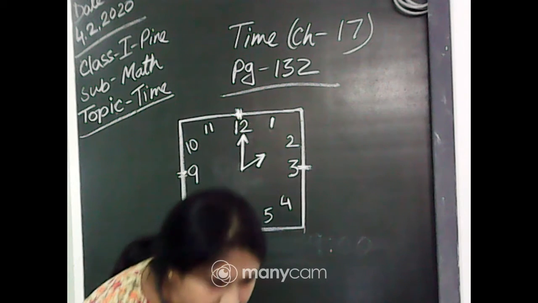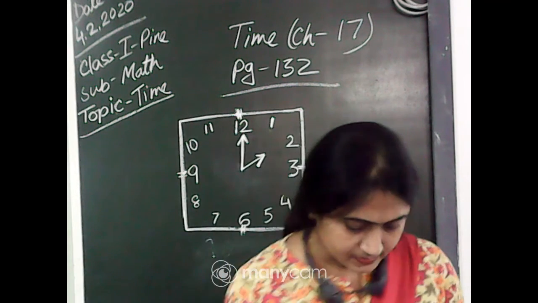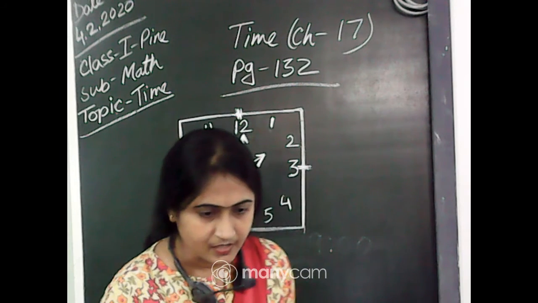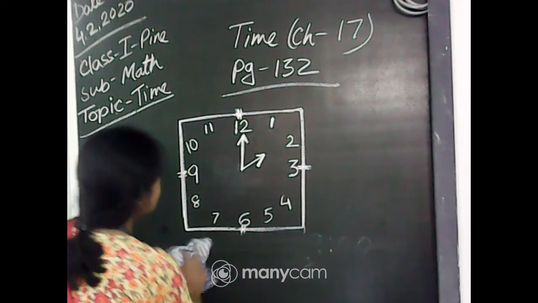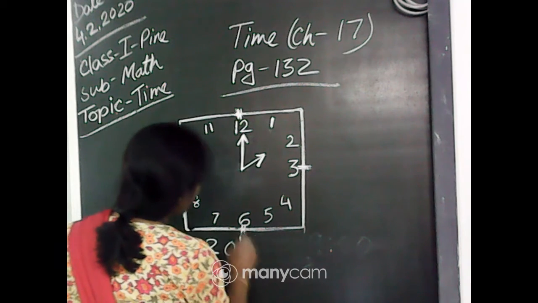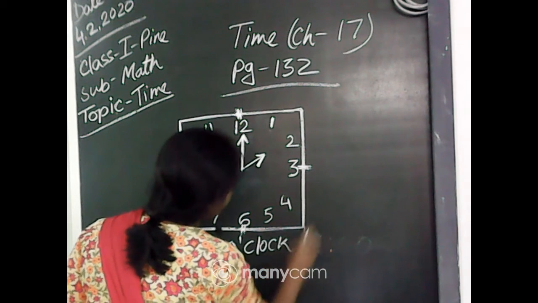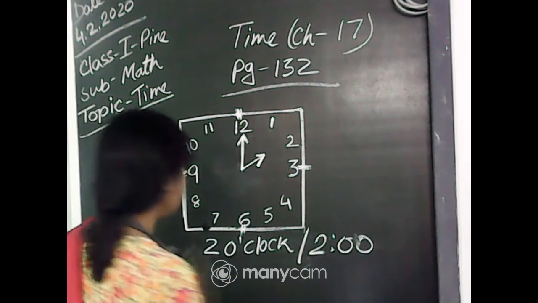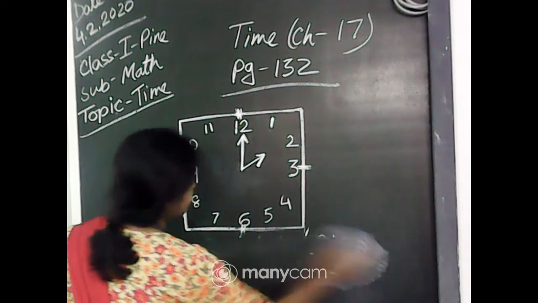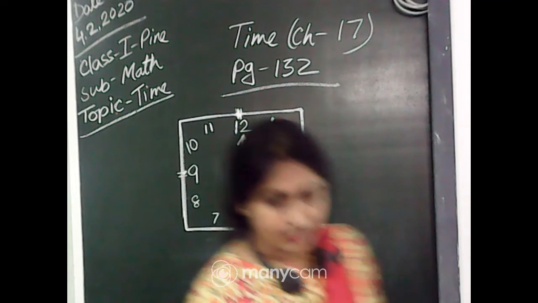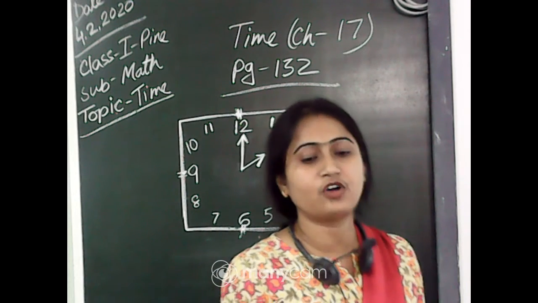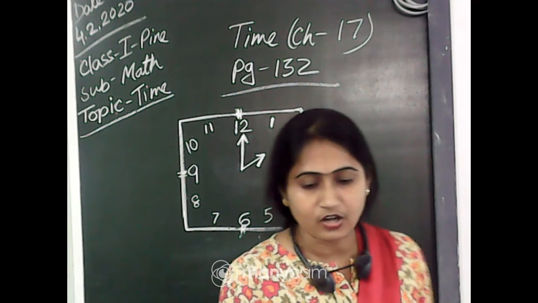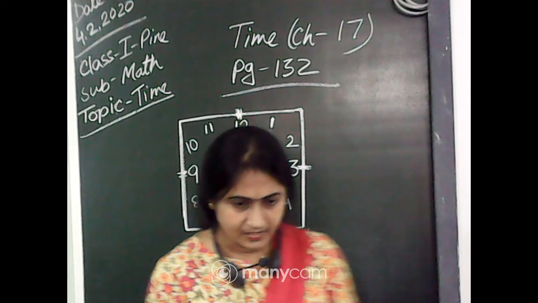That means you can draw a clock. This is 2 o'clock. If I tell you to draw a clock and show 3 o'clock, 4 o'clock, 9 o'clock, I hope you can.